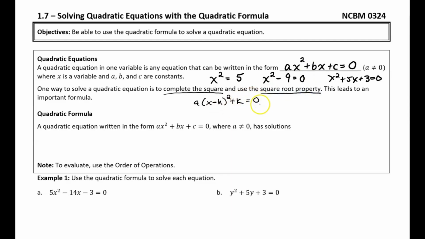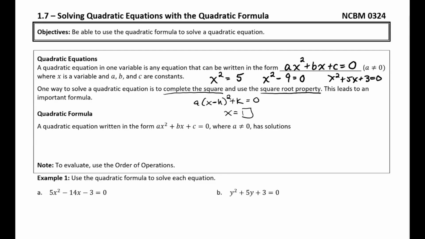Right, subtract the k value, divide by a, and eventually take a square root to undo the squaring of it. But I can use that square root property to solve for the x, to eventually get some sort of x answer. And that can take some time, right? Completing the square, solving for the square root property piece, that can take some work.